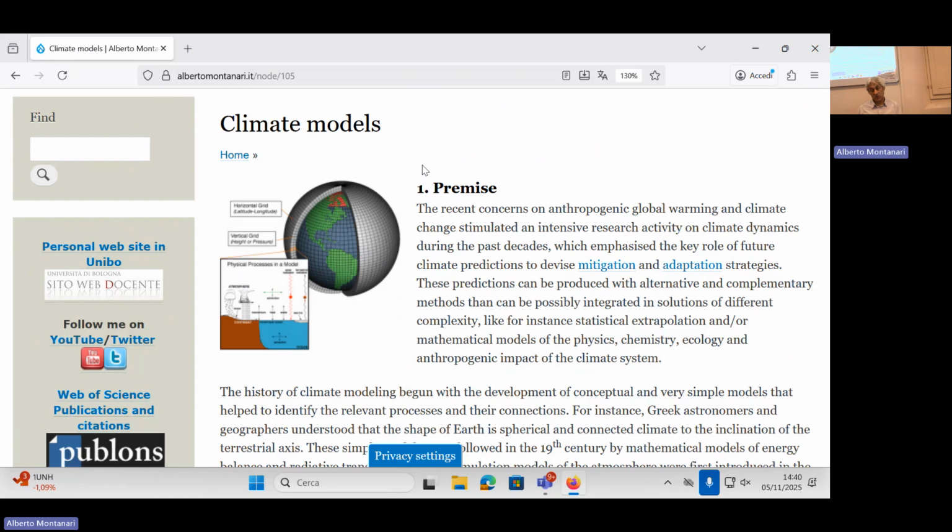And why this change of name? Because, as the new name suggests, scientists realized that it's not just enough to include climatic variables among the unknowns or state variables.